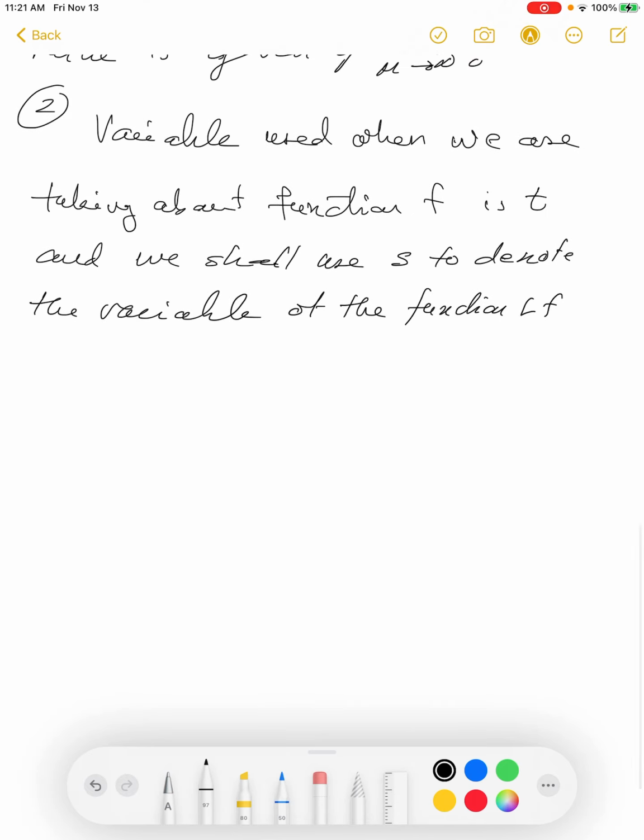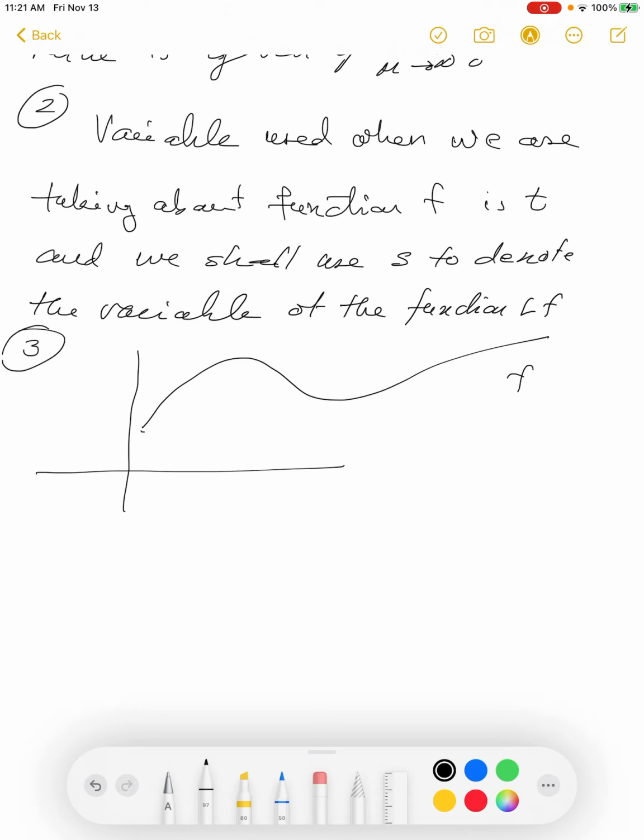Now, third thing is, we will see what this function is doing. If you draw a picture, e to the minus st for a fixed s, and I'm taking s positive, is a function like that.